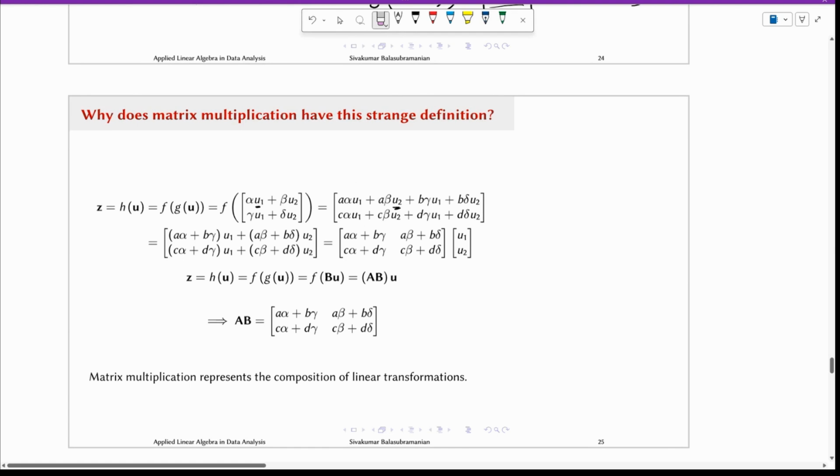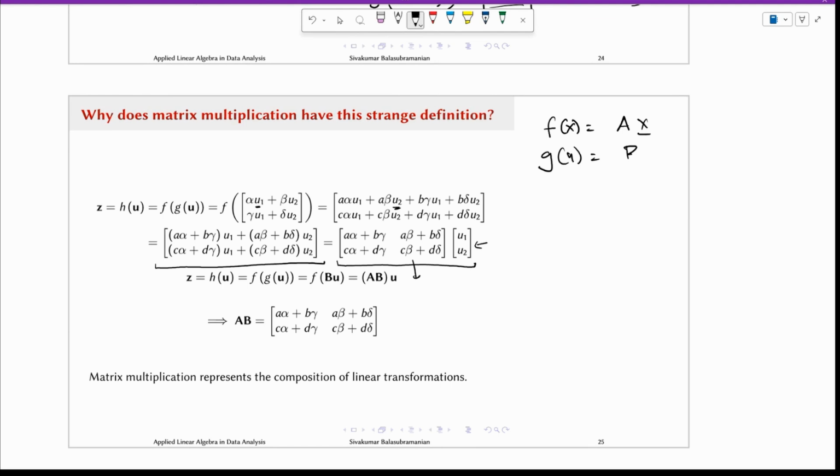If you do the same thing, what you will end up getting finally will look like this. And this can be expressed as some matrix given by this multiplied by U. So F of X was represented as A times X. G of U was represented as B times U. Now F of G of U can be thought of as F of B times U, because G of U is BU.